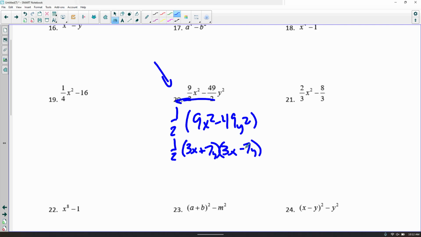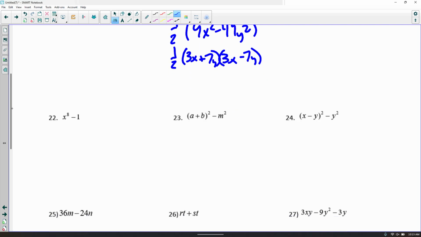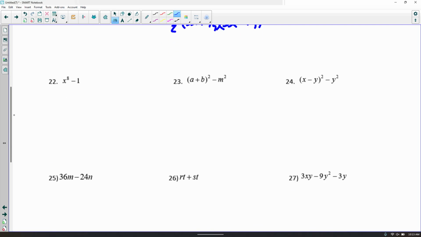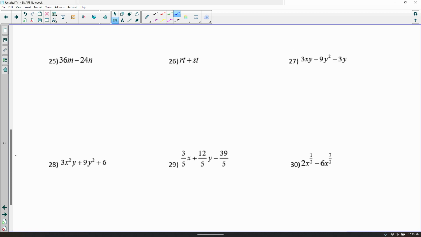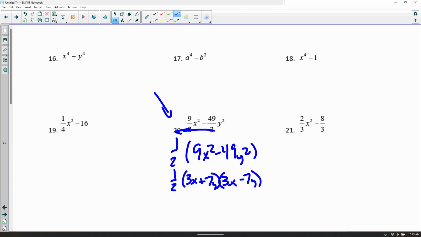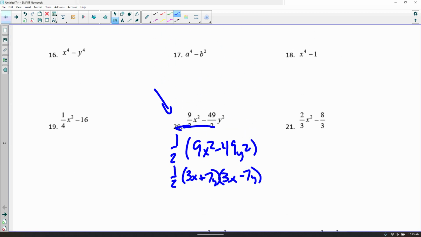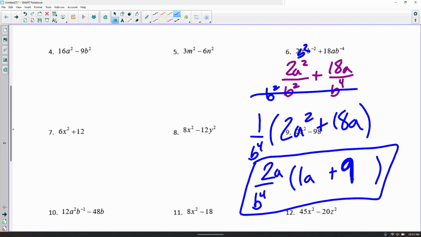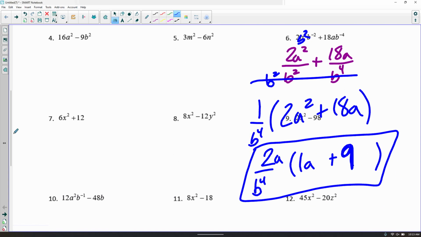Anything crazy? Got negative exponents, you know what to do with those. Here's one with a negative right here, number 6, so you can see it if you want to see it.